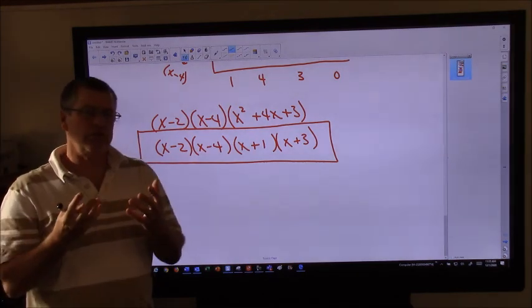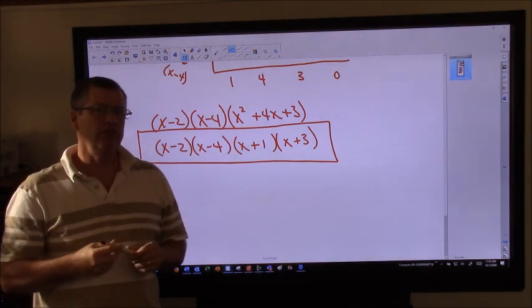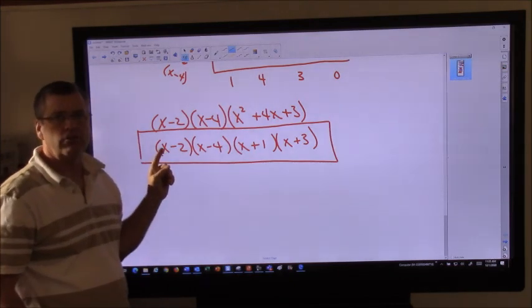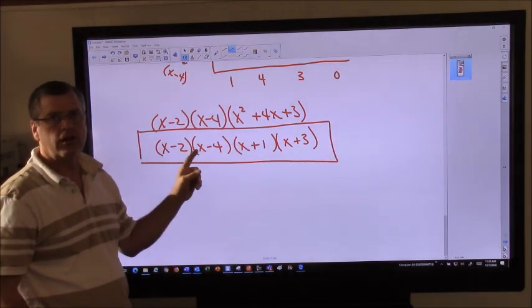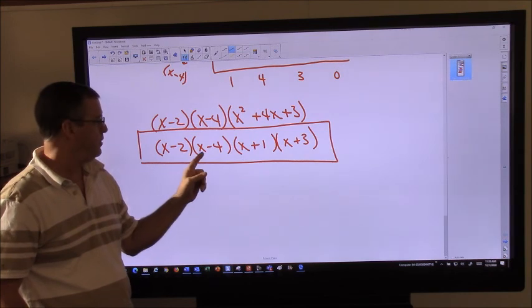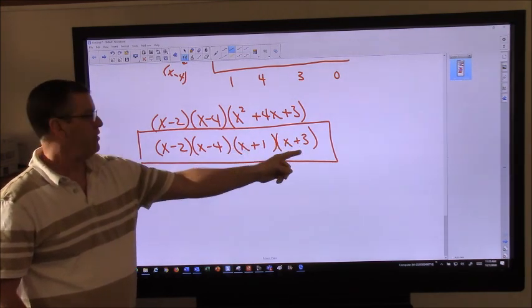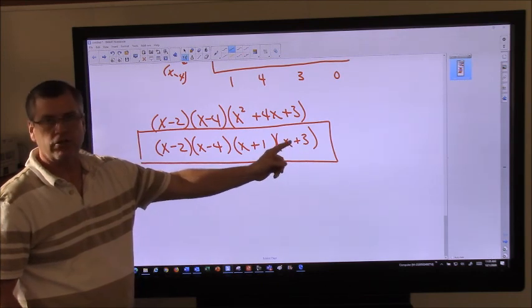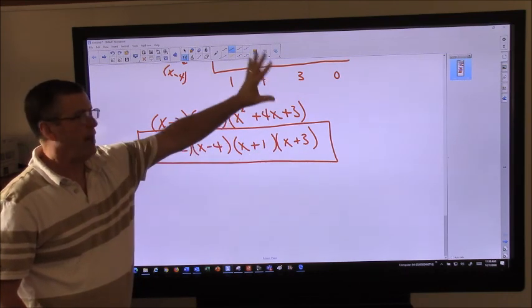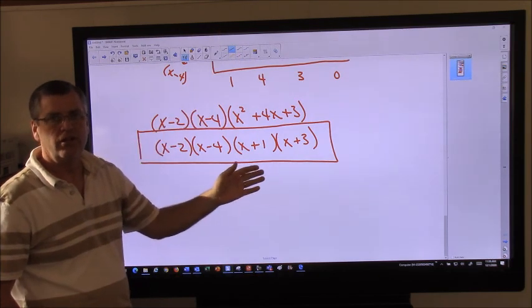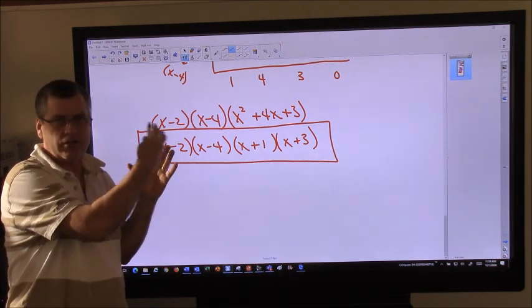Now, somebody could say, Judson, when we looked at the graph, we already saw it crossed at 2, so x minus 2. We saw it crossed at 4, so x minus 4. We saw that it crossed at -1, so x plus 1. And at -3, so x plus 3. Why did I have to go through and do all this when I already knew the answer? Well, because we're trying to build a process here.